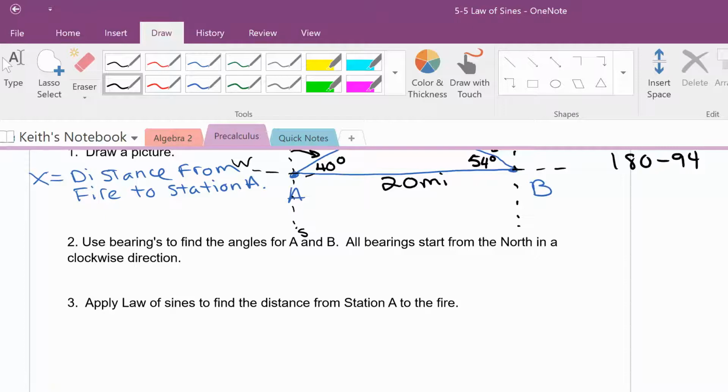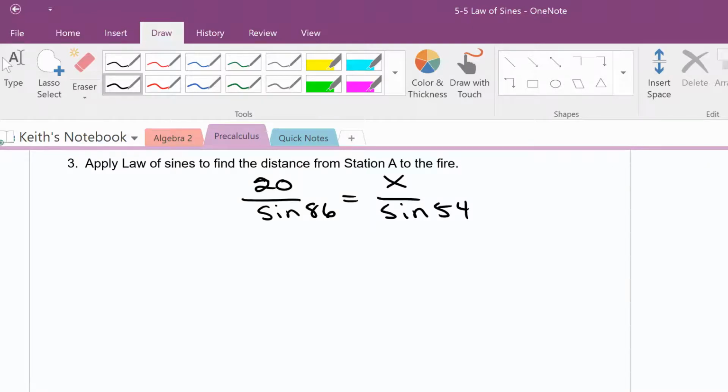So we'll be able to apply the law of sines by going 20 over sine 86 equals x over sine 54. So then cross multiply, we go 20 times sine 54 equals sine 86 times x.